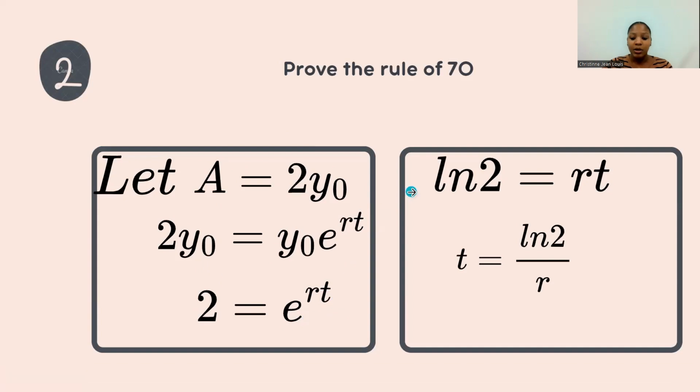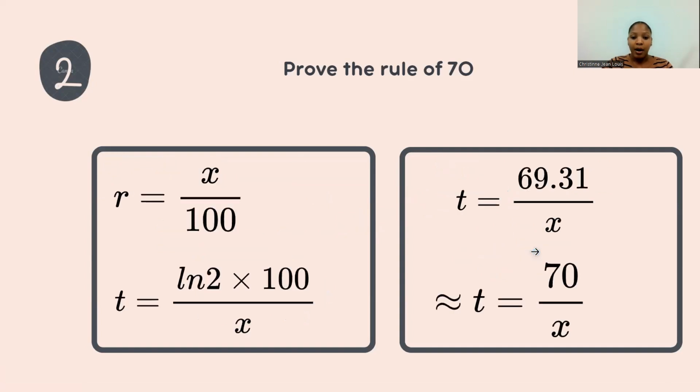Now, let's take ln of both sides. We'll have ln 2 equals RT. And if we try to find T, T will equal ln 2 over R. Now, as we said, R is expressed as X over 100.